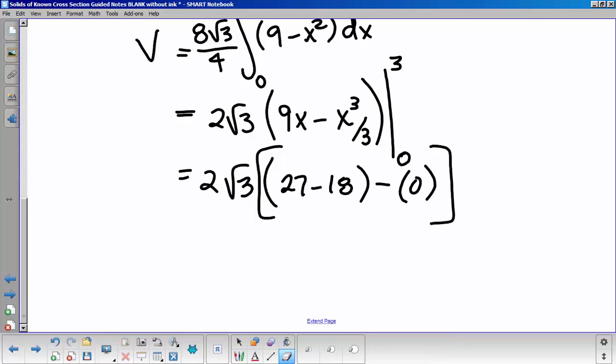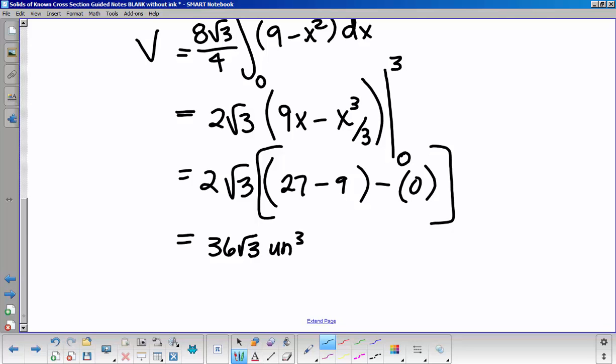Oh, I thought you said 18. No, I meant 27 minus 9, this is 18. You're right. I'm sorry. So this is going to be 36 root 3 units cubed, because 18, as Griffin so aptly stated here, is 27 minus 9.